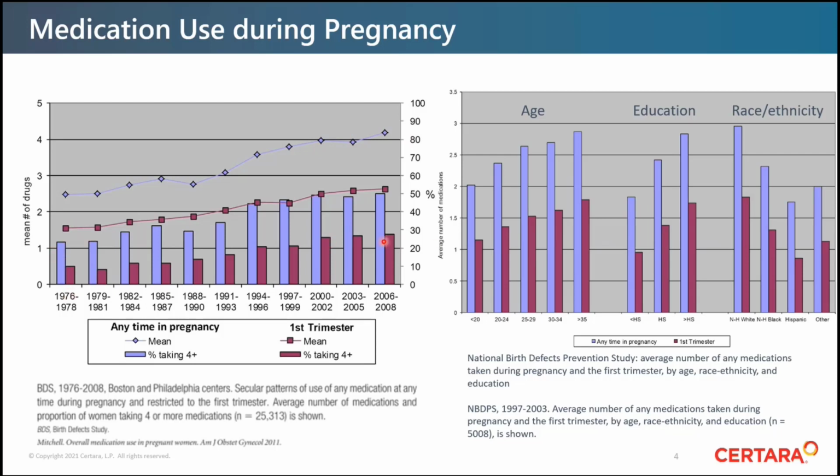So about 20% took 4 or more medications in the early 70s, but now up to 50% take at least 4 medications during pregnancy.